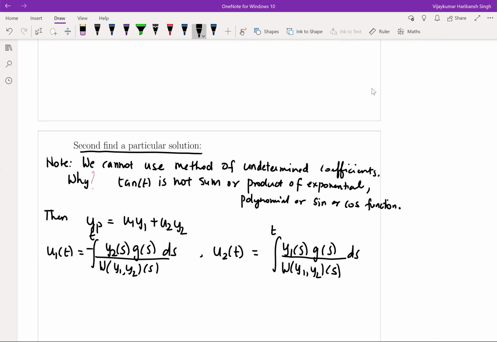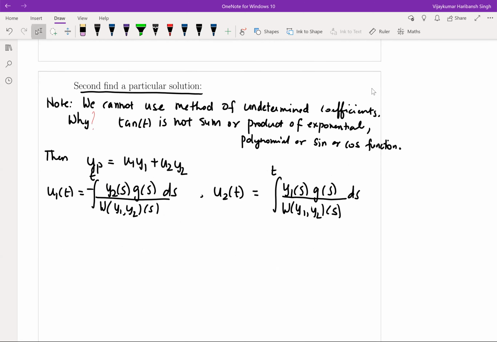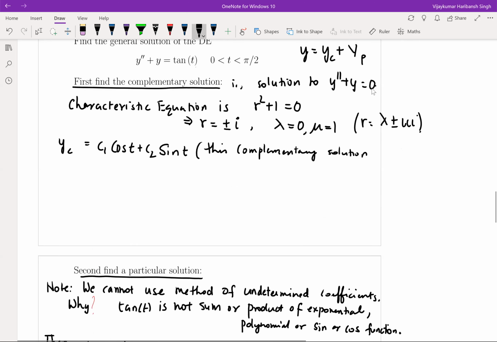So the first step is to compute the Wronskian. So what is the Wronskian of the fundamental solutions y1 and y2 of t? We need to compute these first, right? So we take the determinant. What solutions did we get? y1 is cos t and y2 is sine t. So let's compute the Wronskian here.